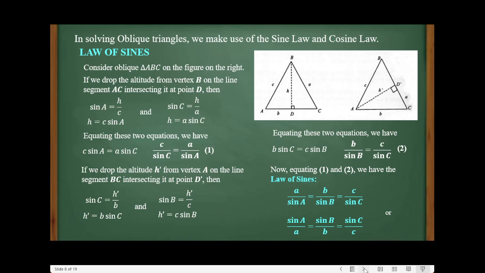Now, when do we use this formula or this sine law? The sine law is used in solving the first two cases of problems involving oblique triangles.